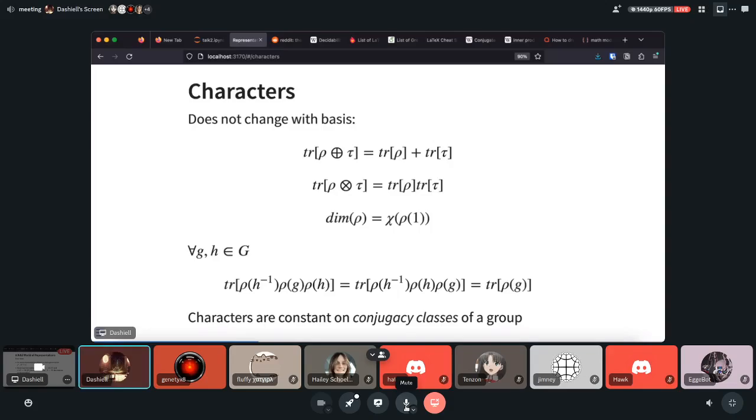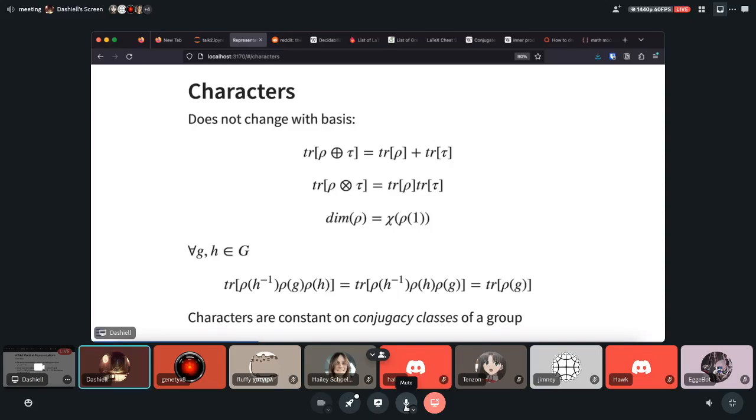If I have a big representation, the characters give me clues about what the sub-representations can be, because the trace of the direct sum is the sum of the traces, and the trace of the tensor product is the product of the traces.